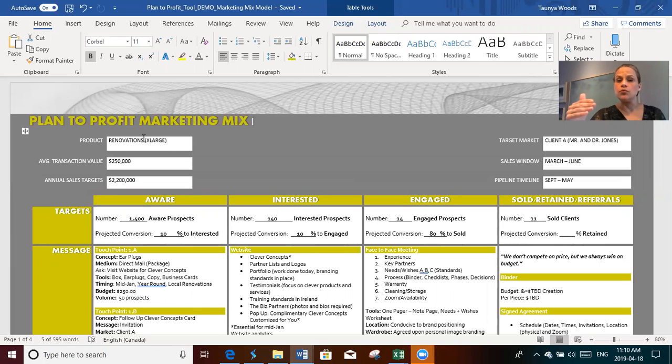You also need to remember that there are different hot buttons for what we call influencers. These are people that influence the decision-making process. They may push it up the ladder, or they may be the one that has to gather all of the information, maybe your gatekeepers, right? And then there are the decision makers, and some of their hot buttons are very different from the influencers' hot buttons.